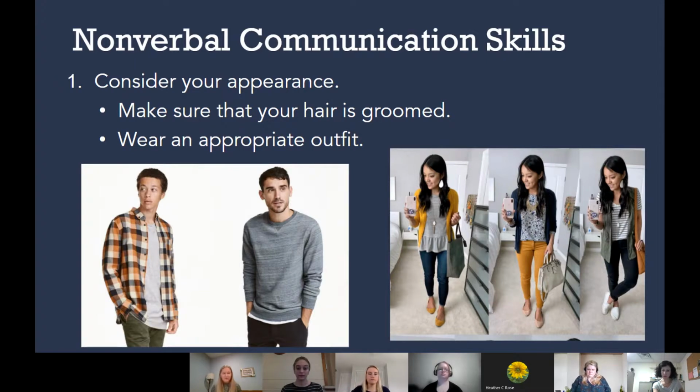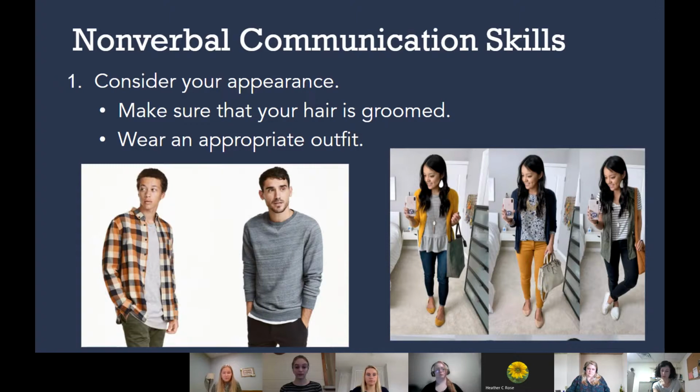So first and foremost, consider your appearance. The way you present yourself to others and the way that you dress says a lot about you. It's important to present yourself in a way so that your professor knows that what you are coming to talk to them about is important to you and that it's a topic that you care about.